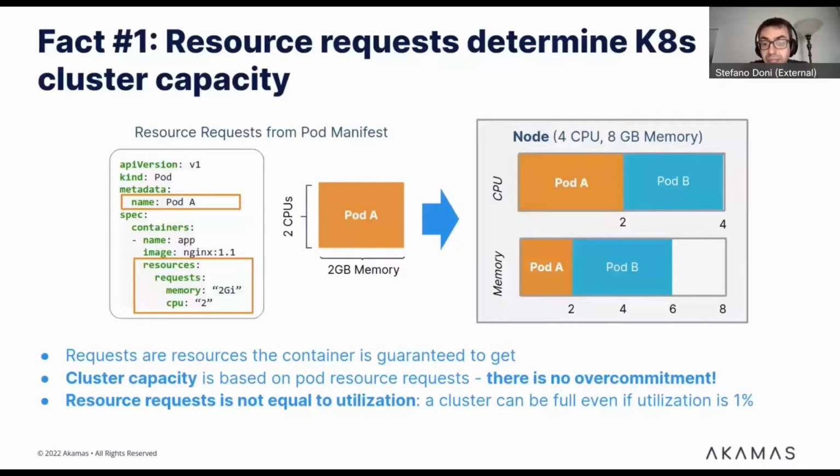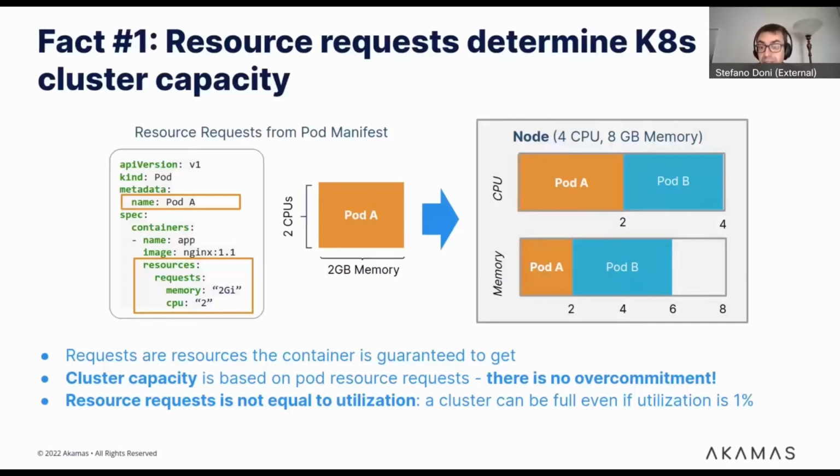So we find a node that is able to host this amount of resources, a node that has 2 free CPUs and 2 gig of memory still available. In this example, let's say that pod A gets scheduled on this node. Now let's assume that another pod comes and needs to be scheduled. Again, let's assume that this other pod requires 2 CPUs, and this time it requires 4 gig of memory.